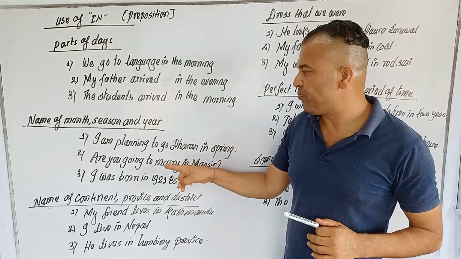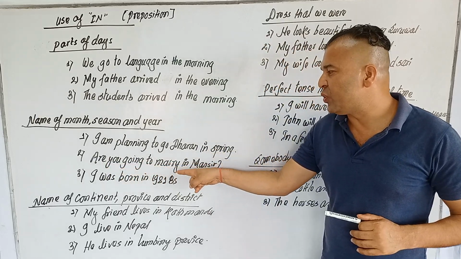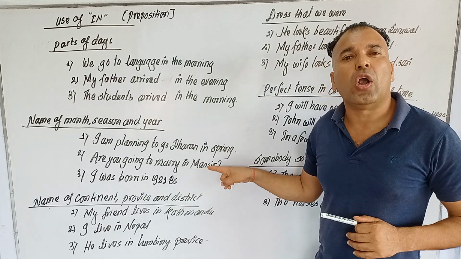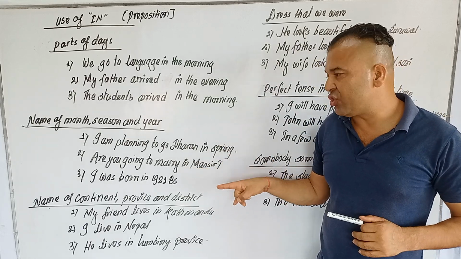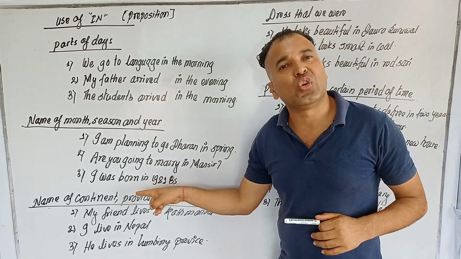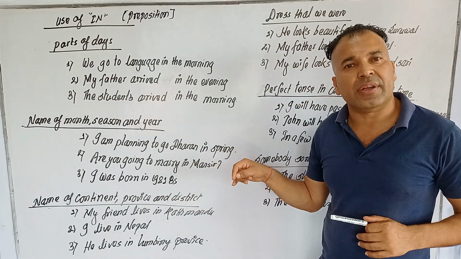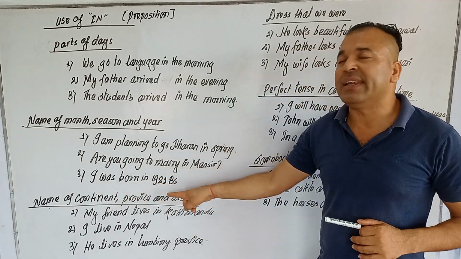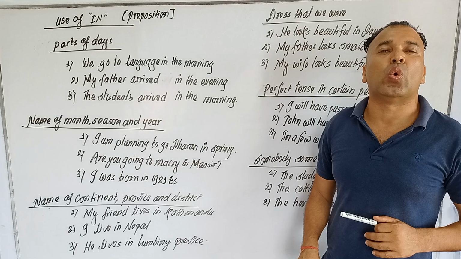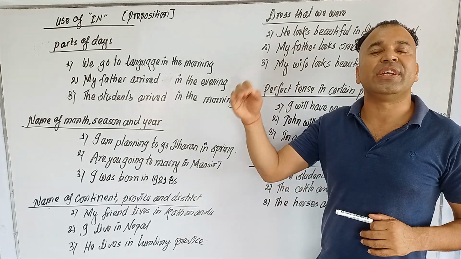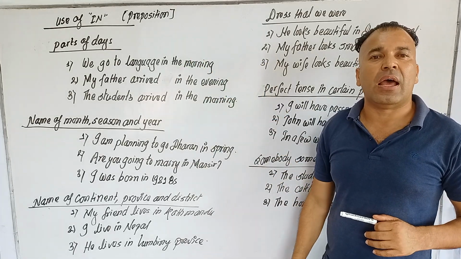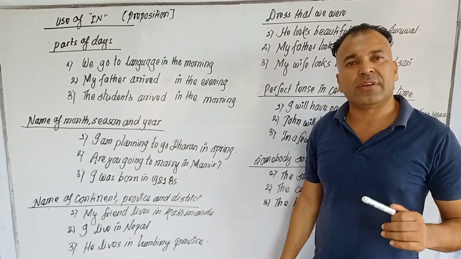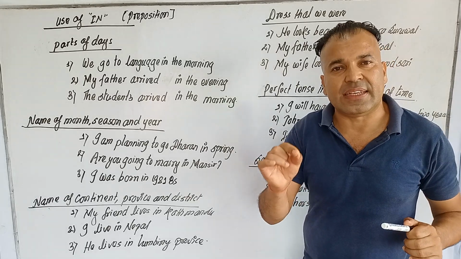Are you going to marry in Mangshir, or autumn, or in July? I was born in 1981. Yes, for the name of the month, season, and year we have to use "in."